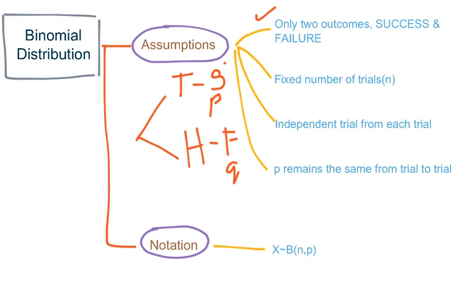For getting head, which is the failure, Q is also 1/2. So that is the meaning of the first assumption: only 2 outcomes. The desired one is success, and the non-desired one is failure.